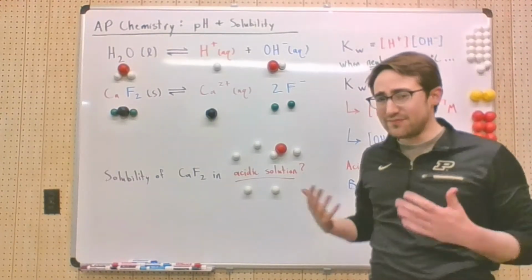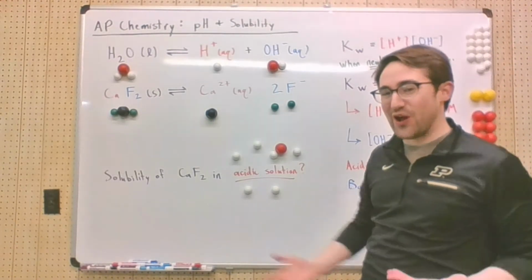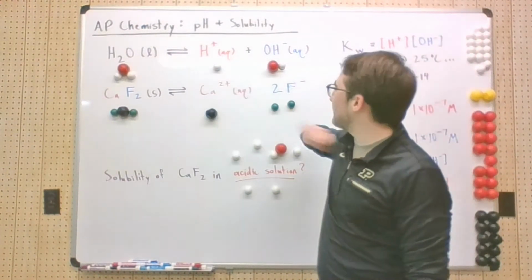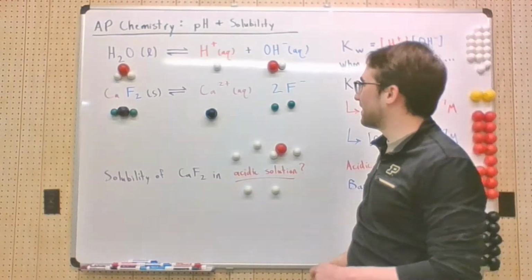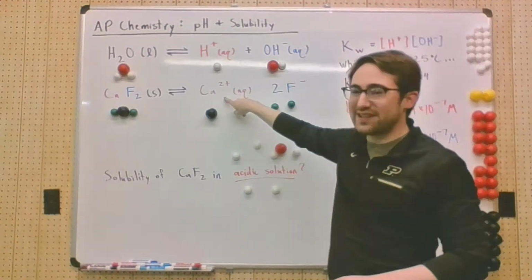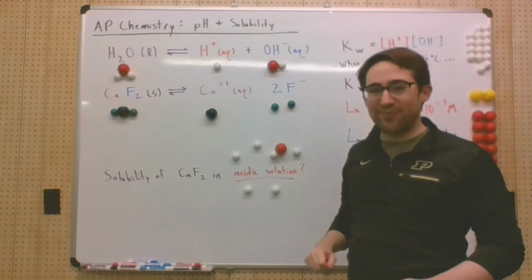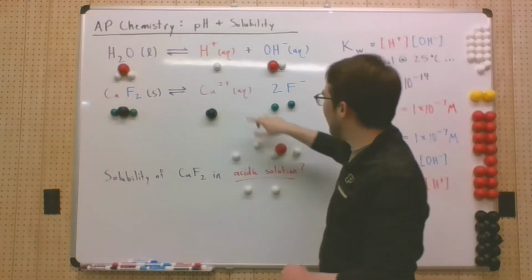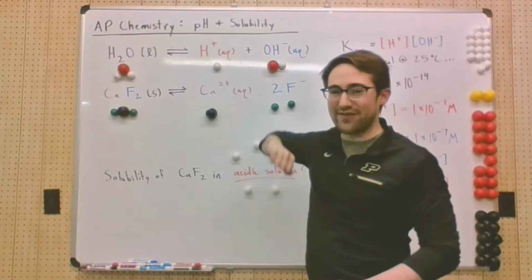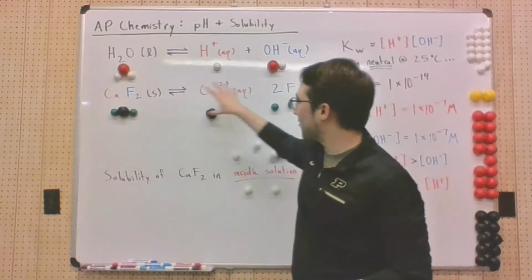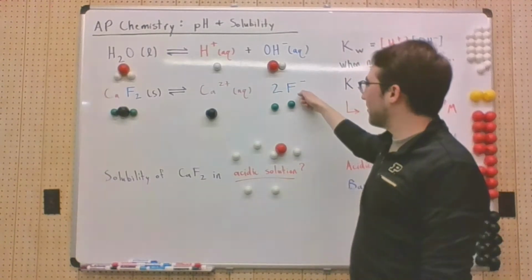Well, if these things were to associate with each other, okay, I've got H pluses that are positive ions. They're not going to mess with this calcium 2 plus ion. They're going to mess with this F minus. So if I've got an abundance of these positive H pluses, and they're going to do something about this equilibrium, they're going to do it with this.